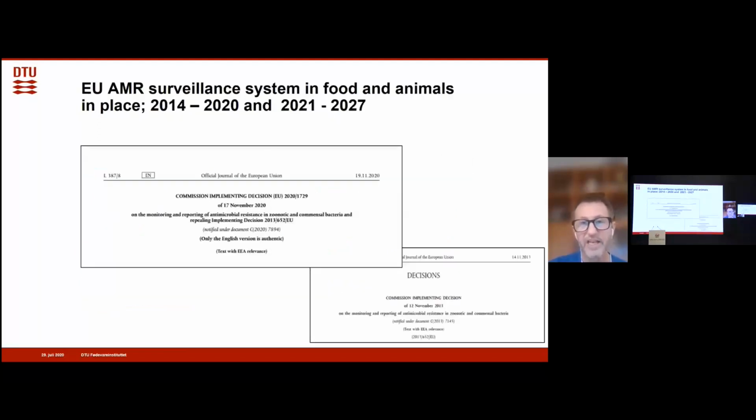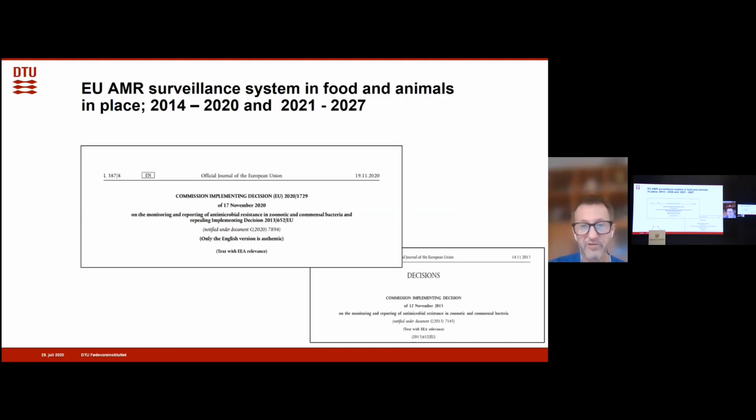So in the EU, especially in the food and the animal sector, the EU has based the surveillance on legislation. So this is one of the few examples where the surveillance of AMR is embedded in some sort of legislation that regulates how the monitoring is set up and also conducted.